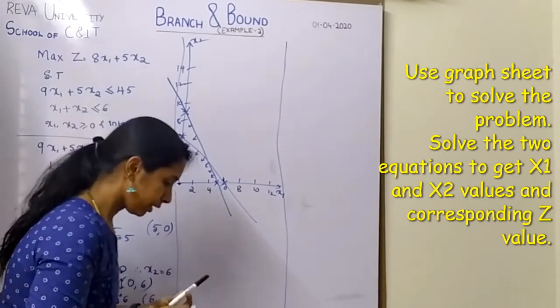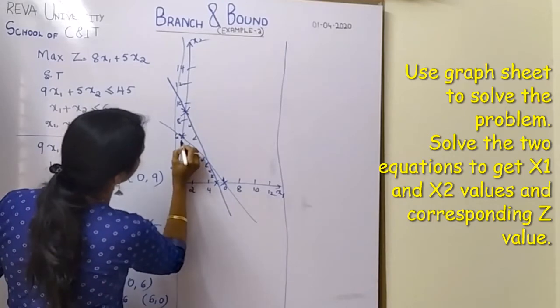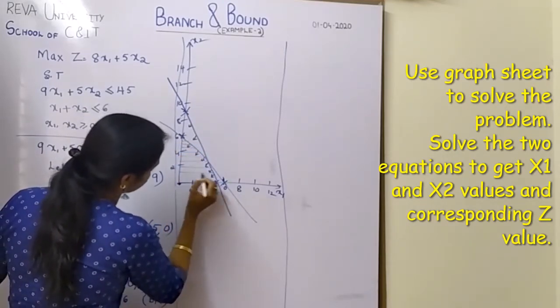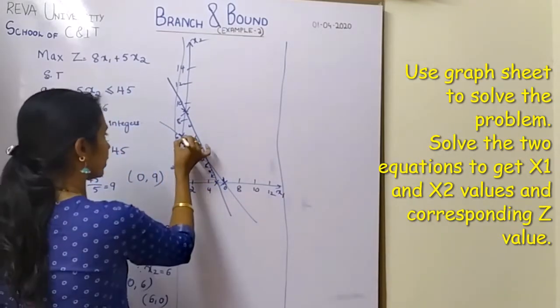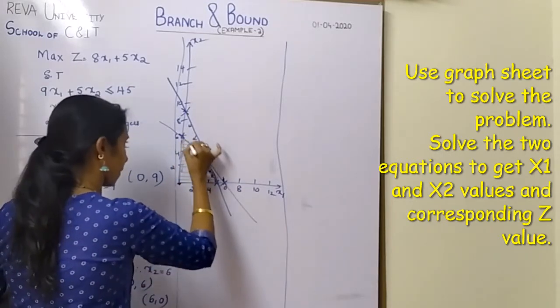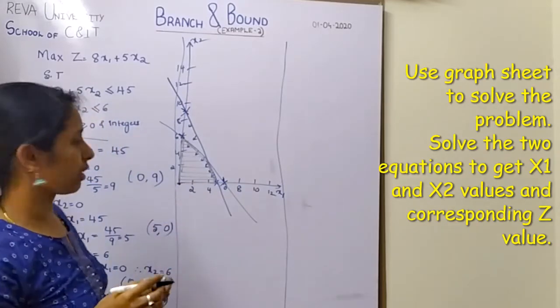Now, what is the feasible region? These are our feasible regions. Our optimal value resides within this region. Okay, you can draw this in the graph sheet.